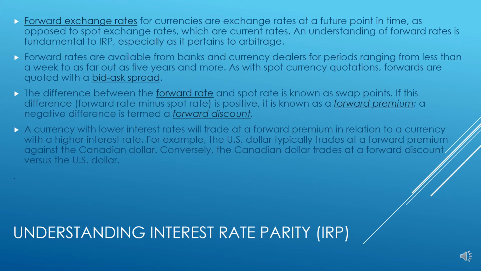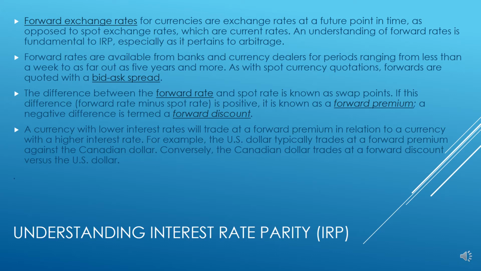The difference between the forward rate and spot rate is also known as swap points. If this difference, that is forward rate minus the spot rate, is positive, it is known as forward premium. And if this difference is negative, it is termed forward discount.